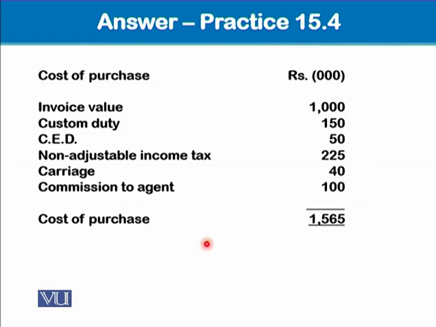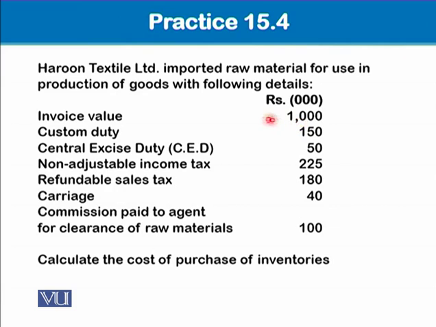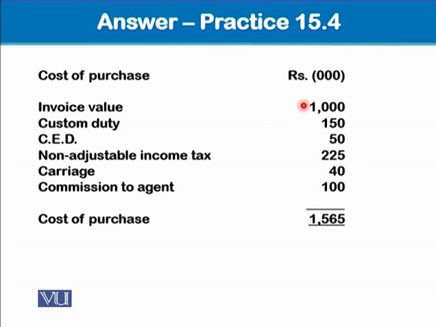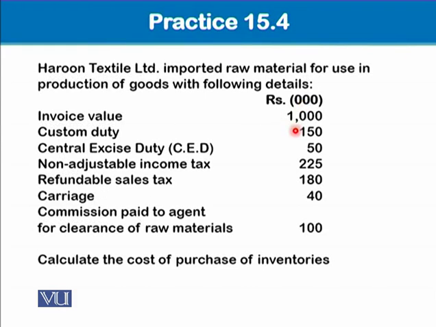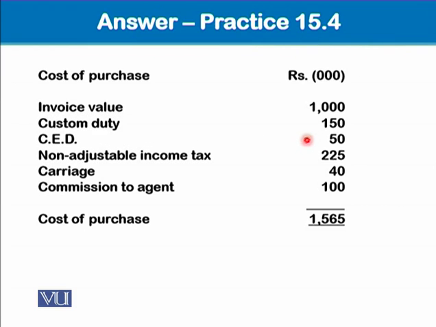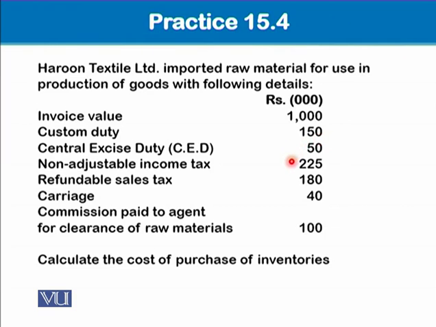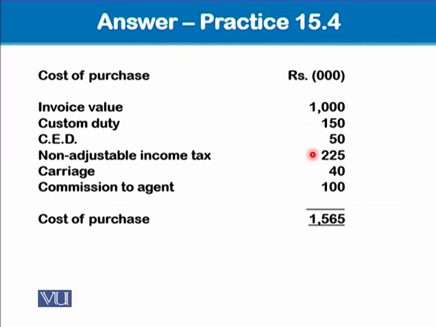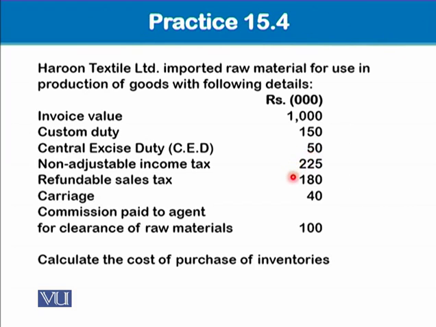Let's see over here. The total cost of purchase is 1.565 million, 1,565,000. We included the invoice value, then custom duty, then central excise duty 50, then non-adjustable income tax 225. But here there was a refundable sales tax 180.